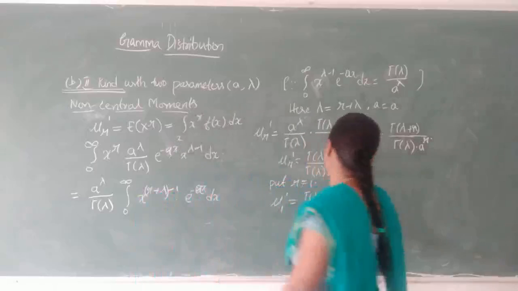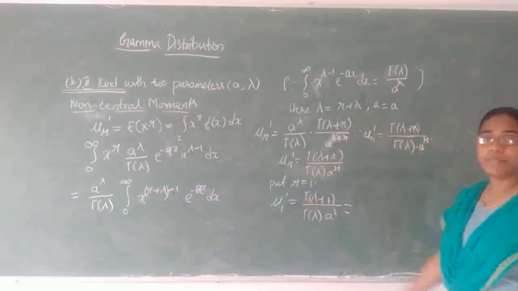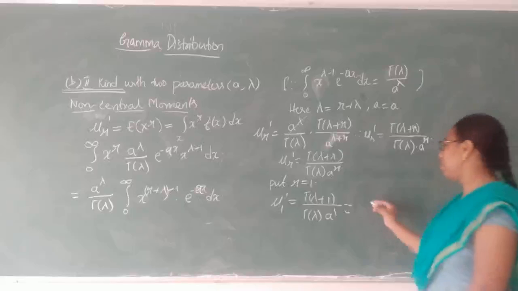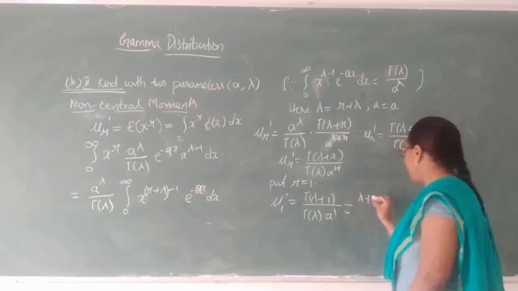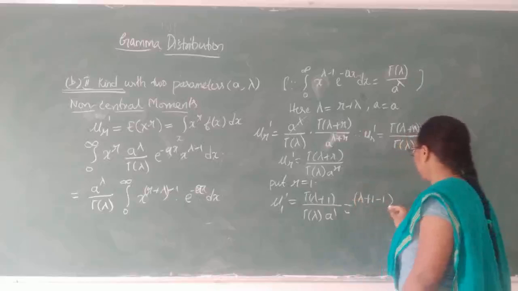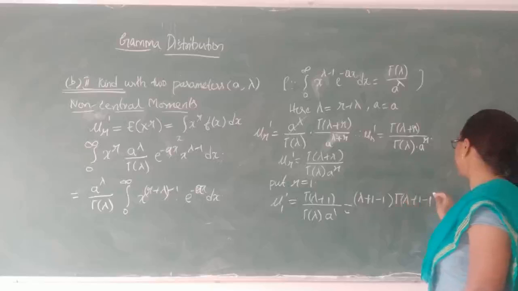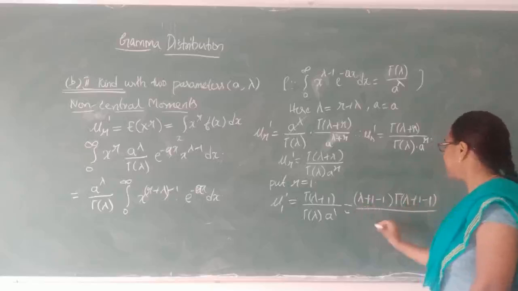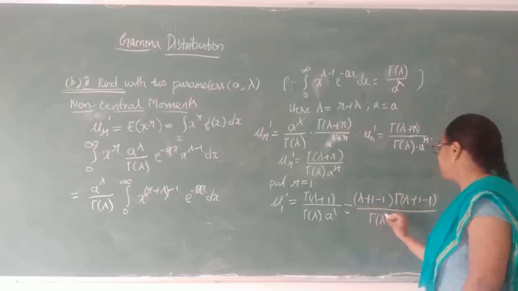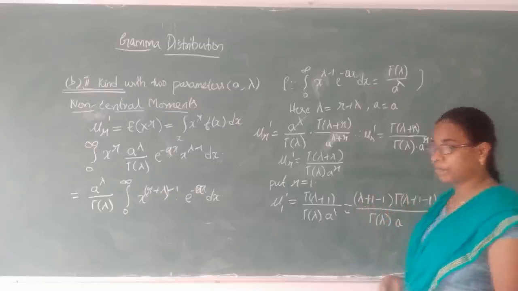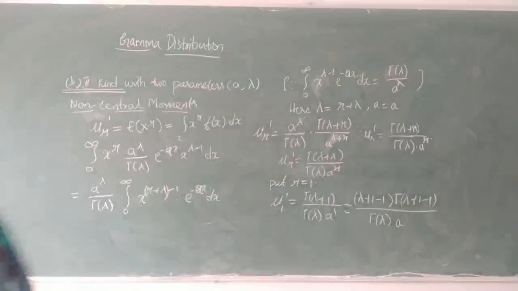So we have the formula of gamma of lambda, which gives lambda minus 1. So here lambda plus 1 minus 1 into gamma of lambda plus 1 minus 1 divided by gamma of lambda into a. Now simplify this one.